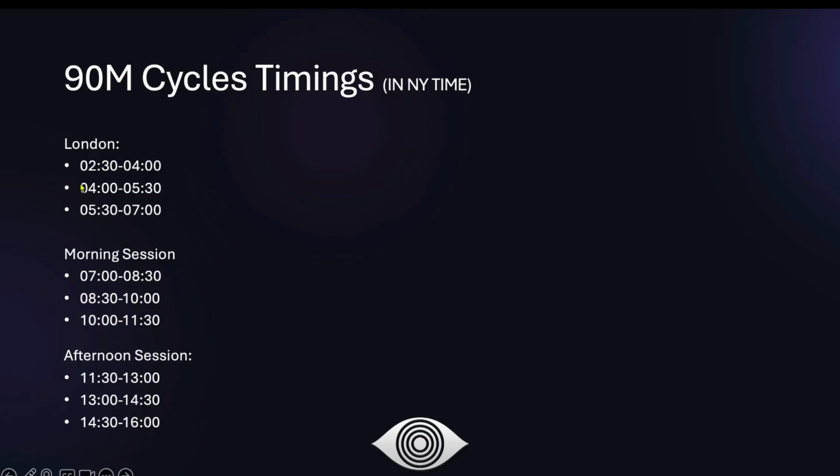During the second time cycle, the range that's being established is the manipulation range. During the third cycle, the range that's being established is the distribution range. This occurs for all different sessions. 3 different sessions, 3 different phases. AMD: accumulation, manipulation, distribution. Very important for you to study.